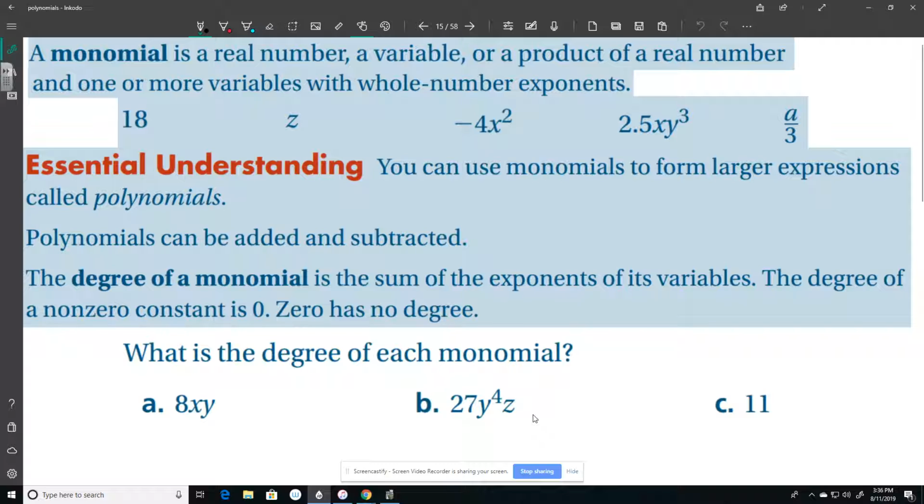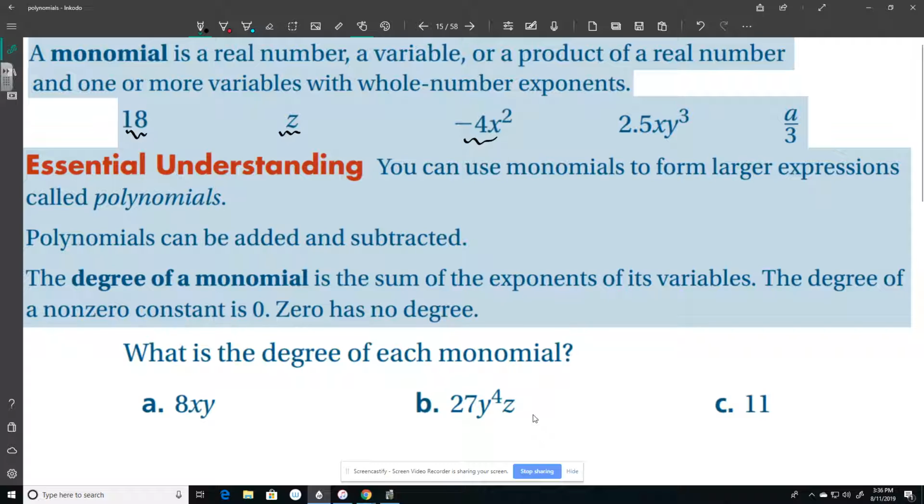So a monomial is a real number, a variable, or a product of real numbers and one or more variables with whole number exponents. So what that means is, 18 is a monomial. Z is a monomial. Negative 4x squared, everything's being multiplied, the exponent is a whole number.